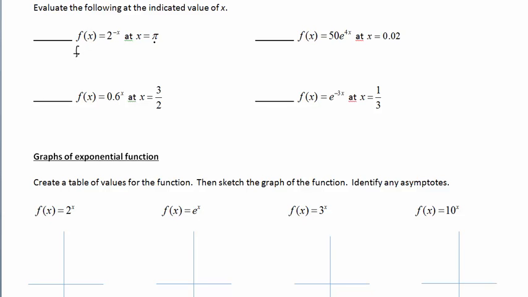Everywhere I see x, I'm going to replace it with pi. So this function evaluated at pi would equal 2 raised to the negative pi power. You're going to go to your calculator, type in 2 raised to the negative pi, and we're going to record the decimal answer to 5 places.